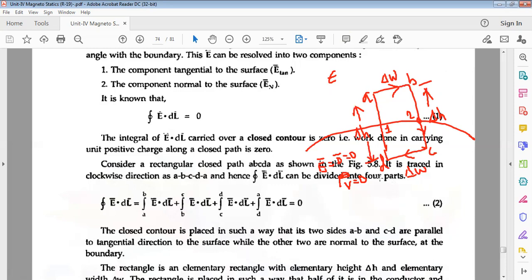Okay, A to B and D to C. The remaining, whatever we have, DA and BC are the normal components. Why? The tangential component E tan is parallel to AB and CD, and E normal is parallel to AD and BC. To get the E bar.